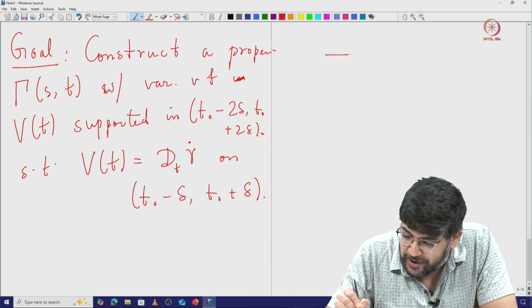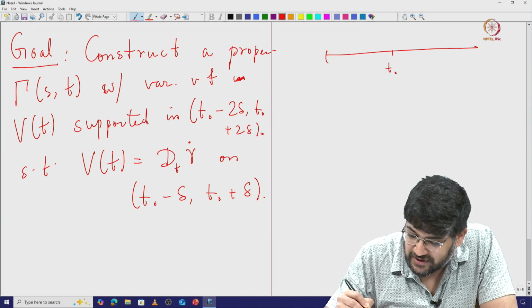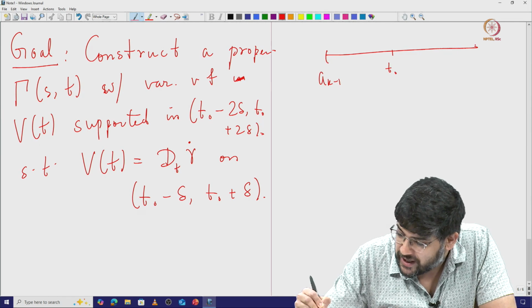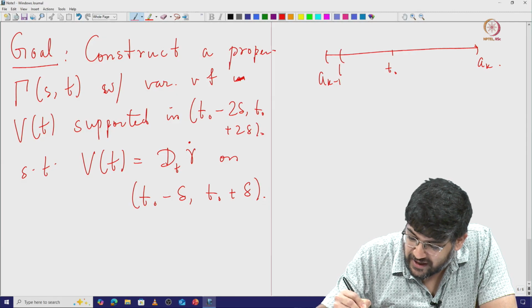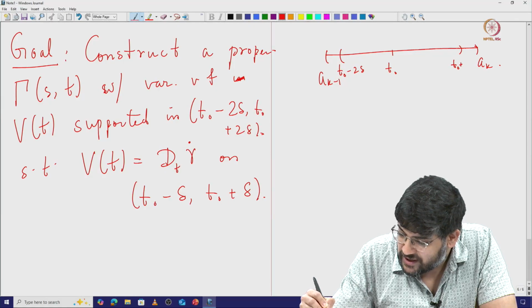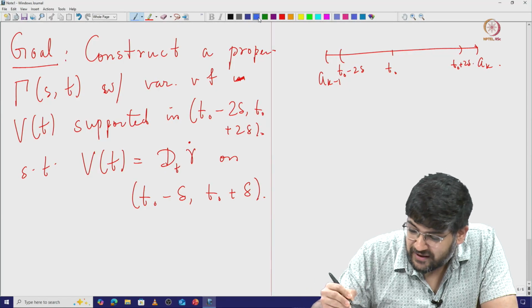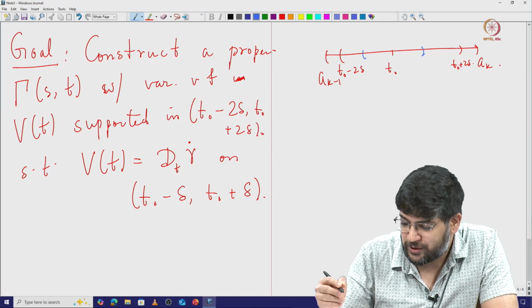So, how do we accomplish this goal? Let me draw a picture. So, here is your t naught, let us say this is our interval a_{k-1} to a_k, this is our interval t naught minus 2 delta to t naught plus 2 delta, and I have a smaller interval here which is t naught minus delta to t naught plus delta.